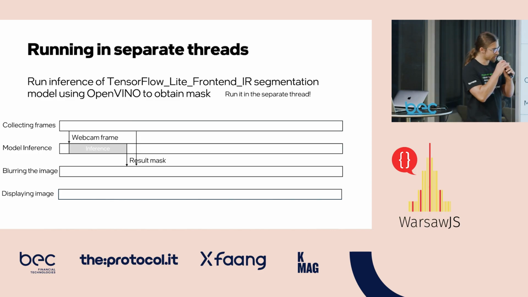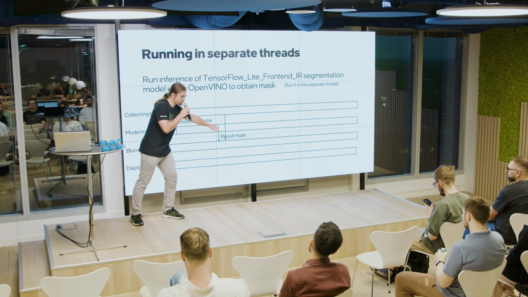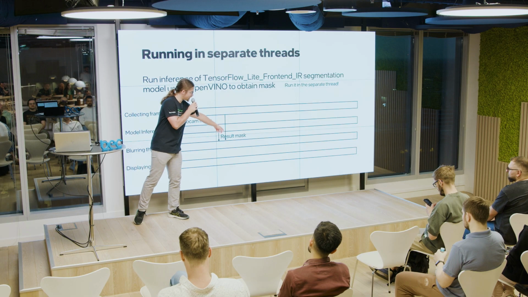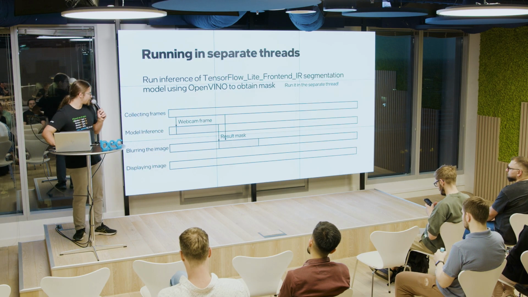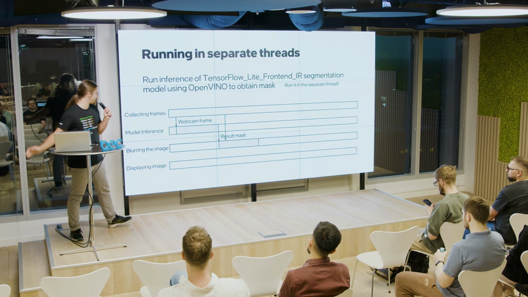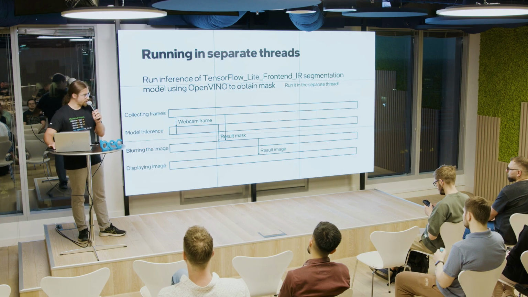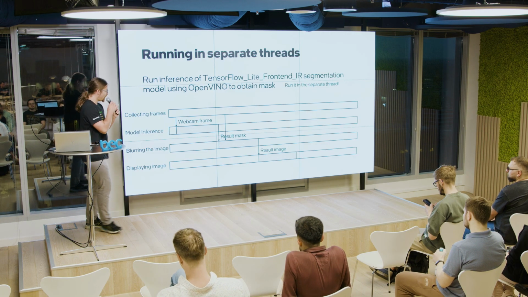Later, we do not combine this mask with the frame taken here because it was quite a long time before. We take a new frame from the first thread, and we blur this image using the mask from before. Later, we get the result image, and we display it to the user.